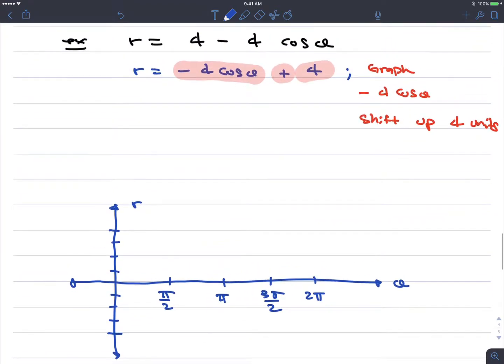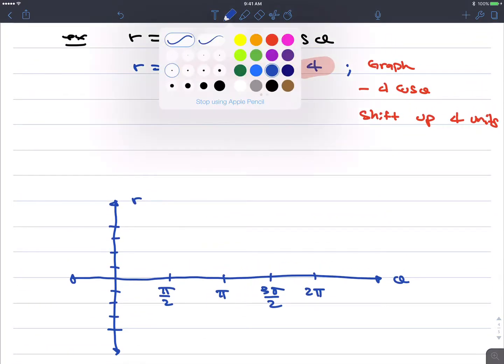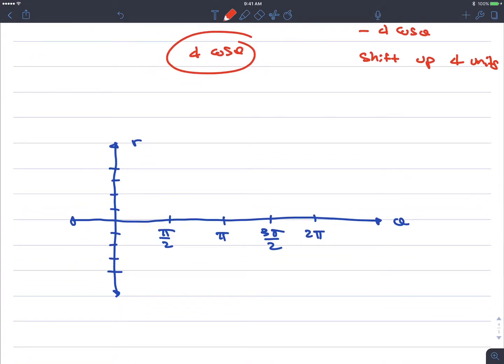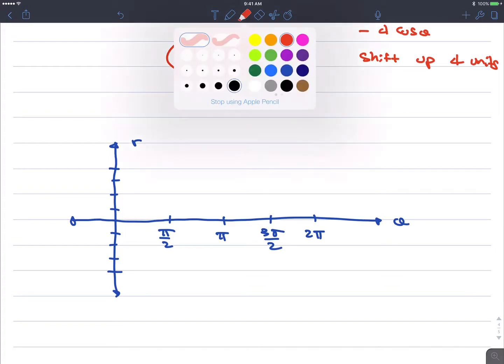Negative 4 cosine theta. So in order to do this, I have to do what? First, not cosine theta, we have to graph 4 what? Positive cosine theta, right? And then we reflect the curve about the theta axis. Is that true? So 4 cosine theta. I'm kind of going to do it this way. Now cosine looks how? Cosine starts where?